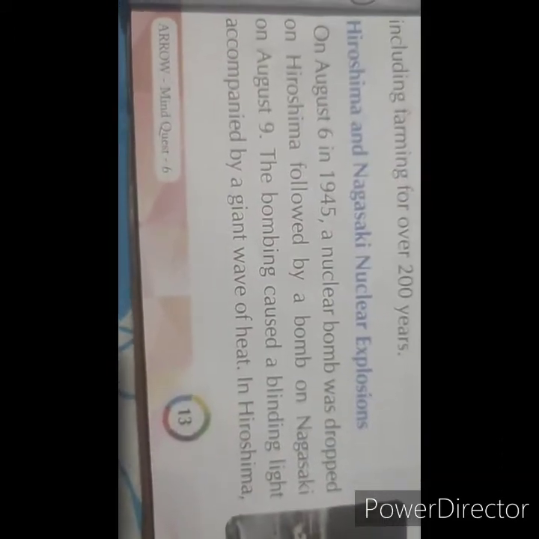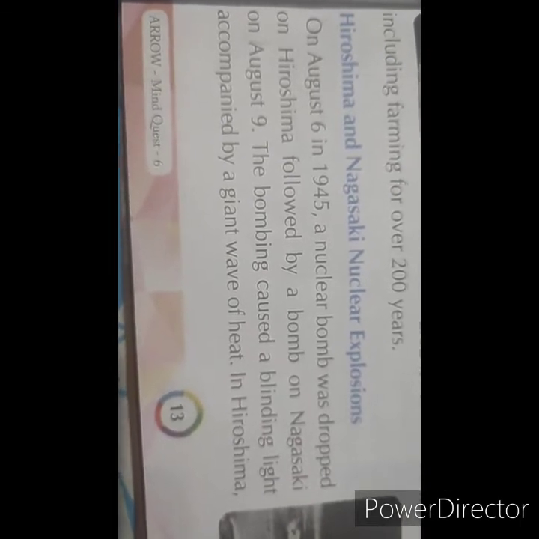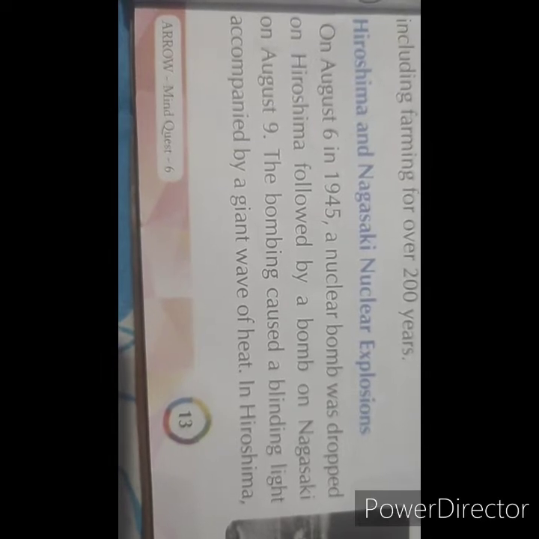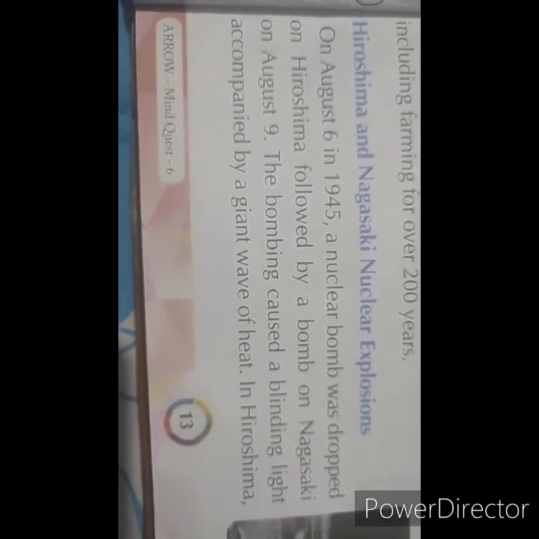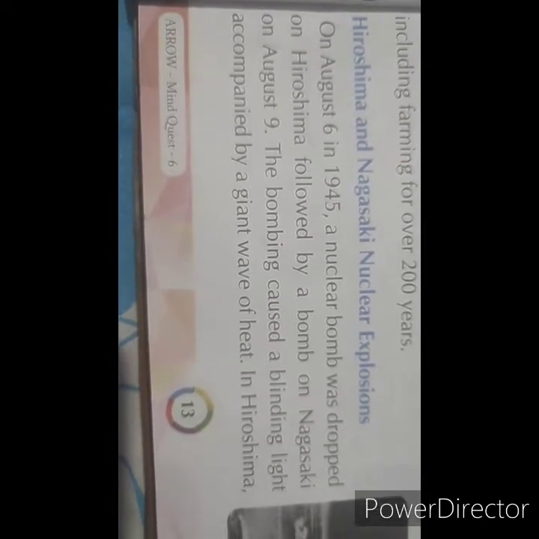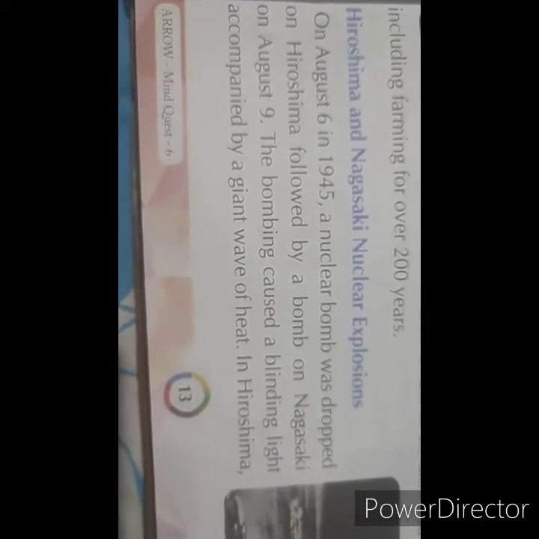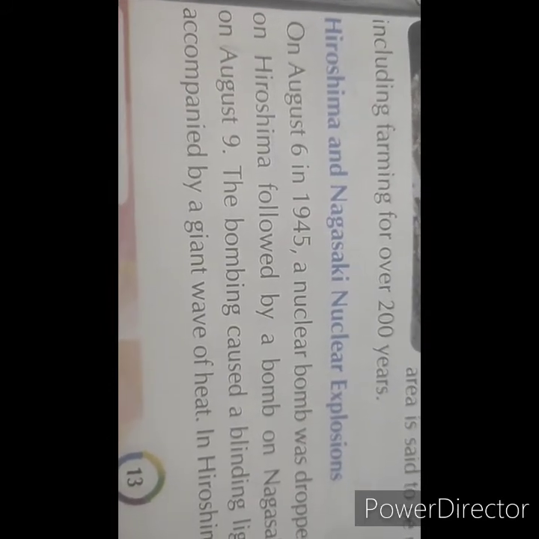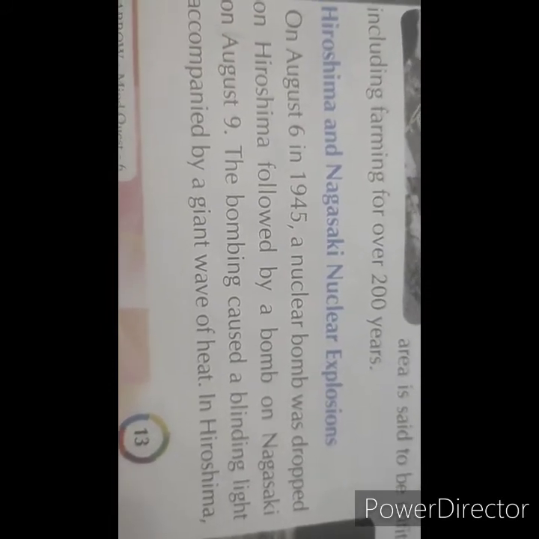Next is Hiroshima and Nagasaki nuclear explosions. On August 6, 1945, a nuclear bomb was dropped on Hiroshima, followed by a bomb on Nagasaki on August 9. The bombing caused a blinding light accompanied by a giant wave of heat.